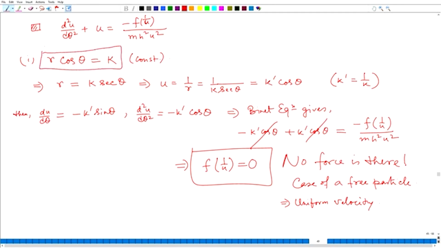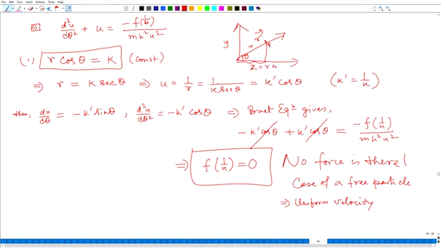r cos theta. So, actually if you see in polar coordinates, if I say r cos theta is equal to constant, so the particle is moving in such a way that its r cos theta is constant. That means r cos theta is nothing but its x coordinate. So, this is r, this is theta, and this is r, maybe when the particle is here at P. So, this is r cos theta, this part.